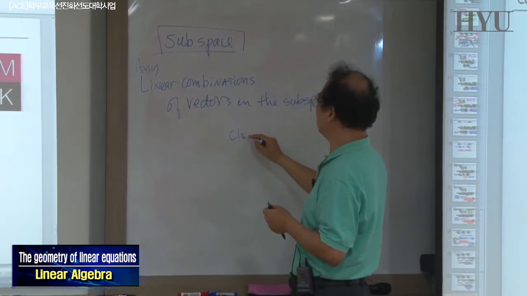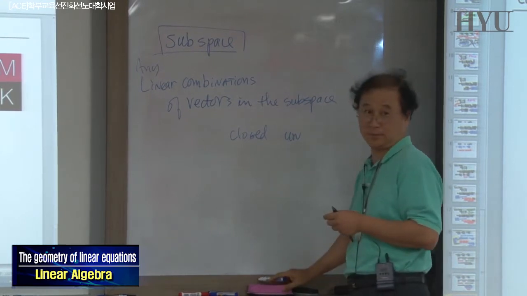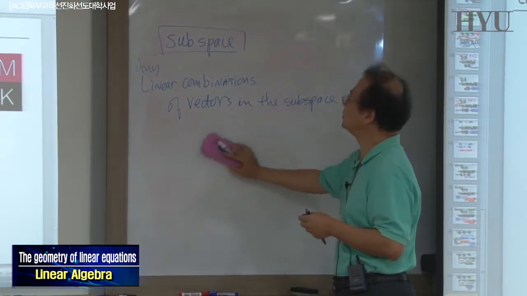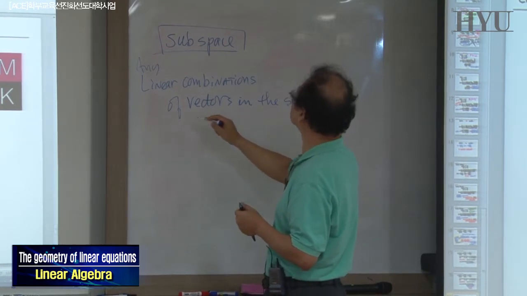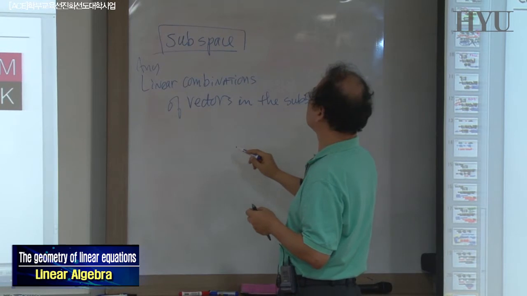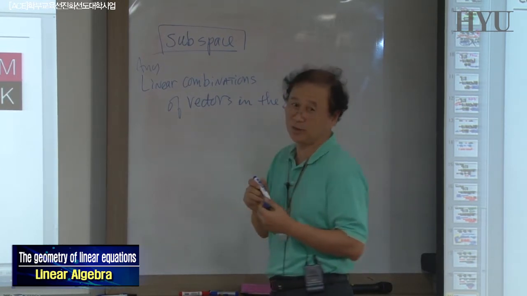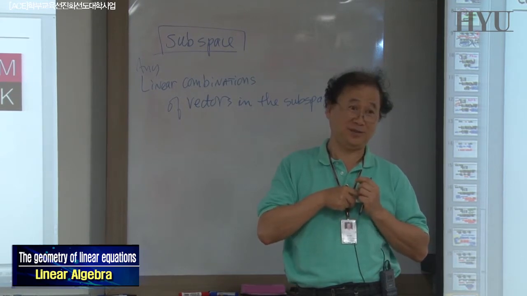Basically, this is more or less closed. So you can say the subspace is closed under linear combination.